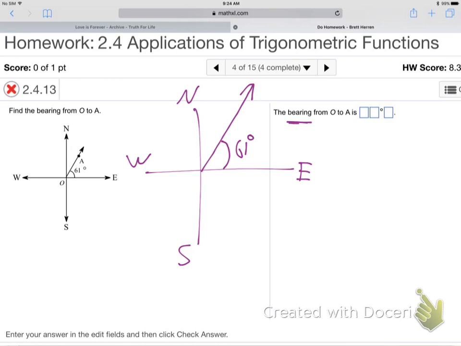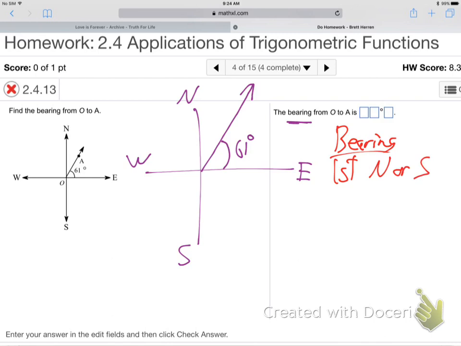Well, the formal way that bearings, headings are listed is you say north or south first. So for a bearing, you first say north or south. In other words, not east or west.